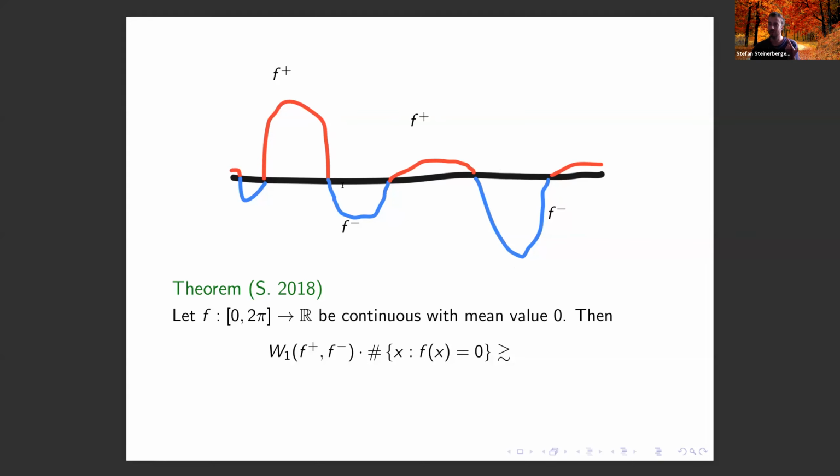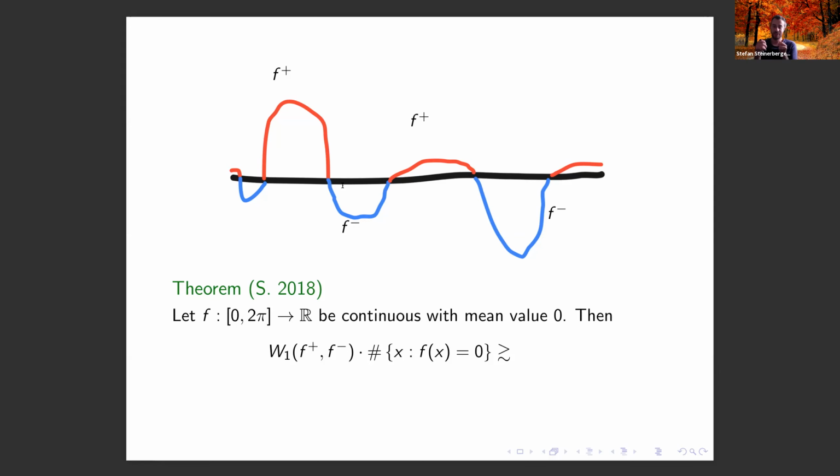There's a red measure and a blue measure, and you can transport one to the other. I can just use the standard W1 transport distance and ask, how big is this?